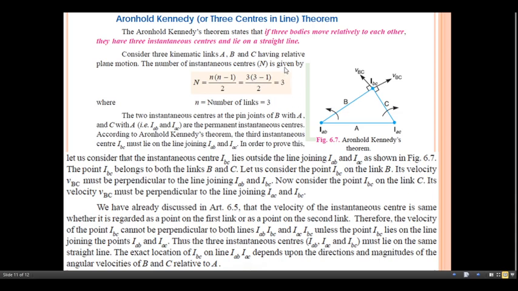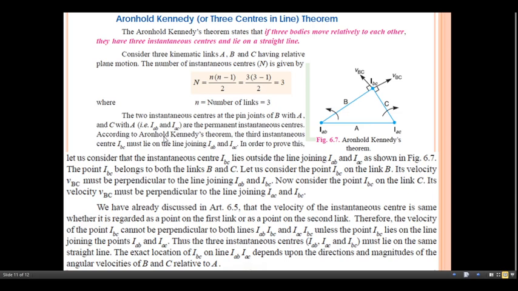Here we get the number of instantaneous centers in the given mechanism equal to 3, where two instantaneous centers are at the pin joints, B with A and C with A, which are nothing but IAB and IAC. These are the permanent instantaneous centers.